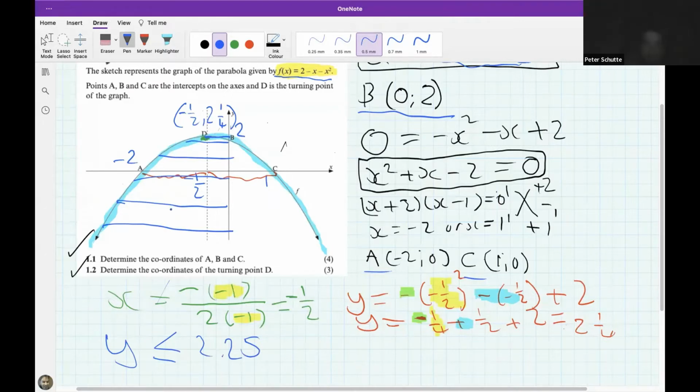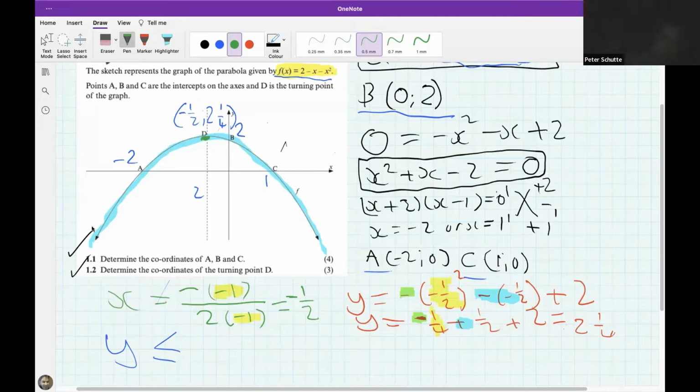Now, there's another type of question that I'm not going to do the whole thing with you now, but I really want to just bring out the idea of it a little bit. If I said to you, there was a straight line function on the same question, and this straight line went like this, and let's say, for example, this is going to be y equals, should we make it 2x plus a half?